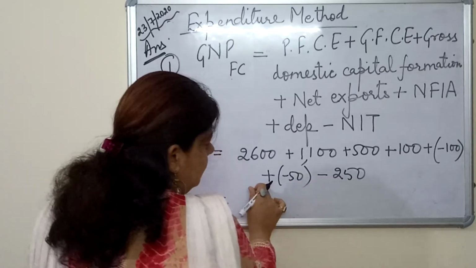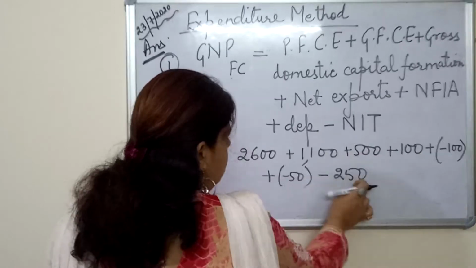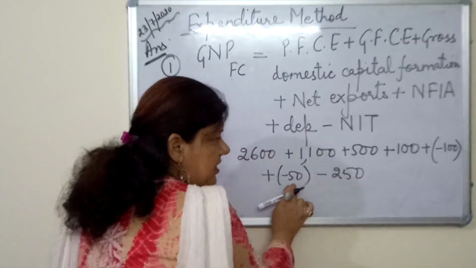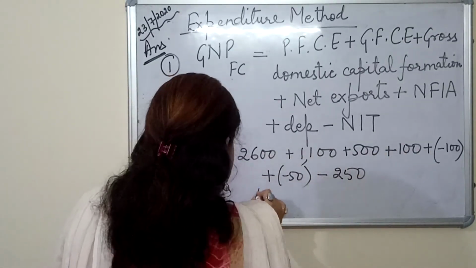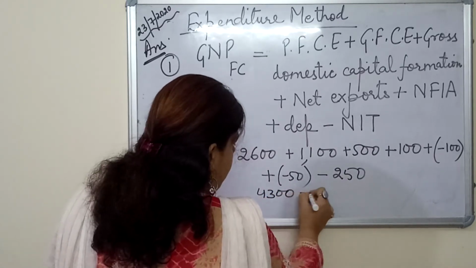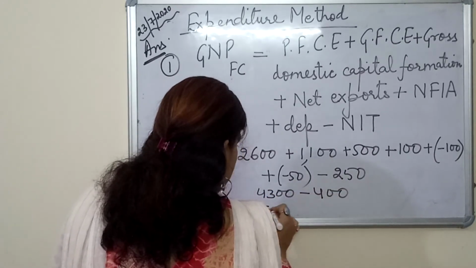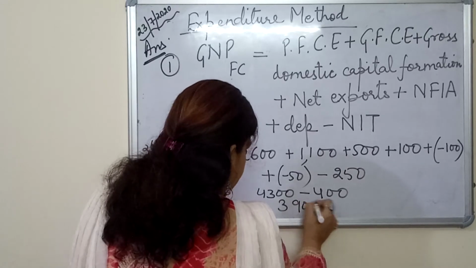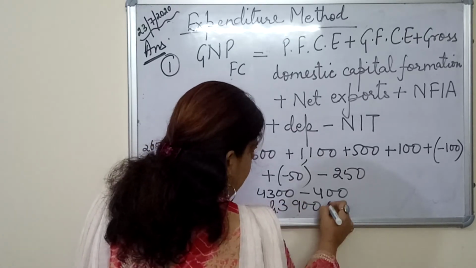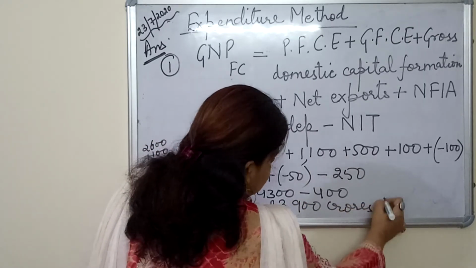Clear? Because this is minus, this will also be minus. So 250 plus 50 is 300, plus 100 is 400. So we have 4300 minus 400, which is equal to 3900. That is rupees 3900 crore as an answer.